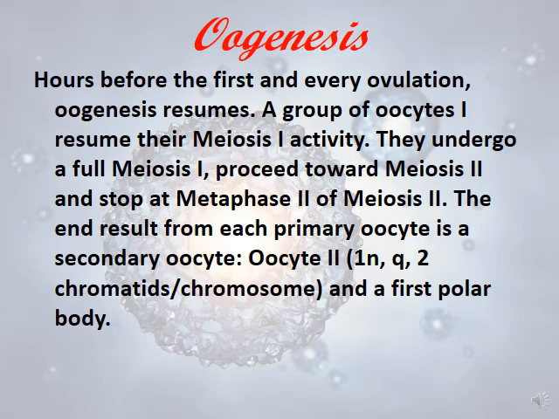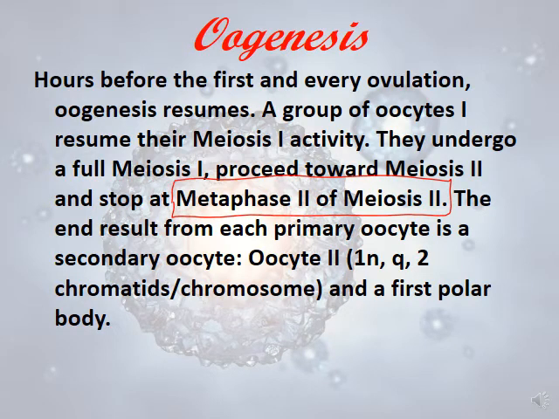Hours before the first and every ovulation, oogenesis will resume, where a group of oocytes 1 will resume their meiosis 1 activity, since they were blocked. They undergo a full meiosis 1: they complete prophase, metaphase, anaphase, and telophase 1. Then they proceed toward meiosis 2, the equational division, and they stop at metaphase 2 of meiosis 2.